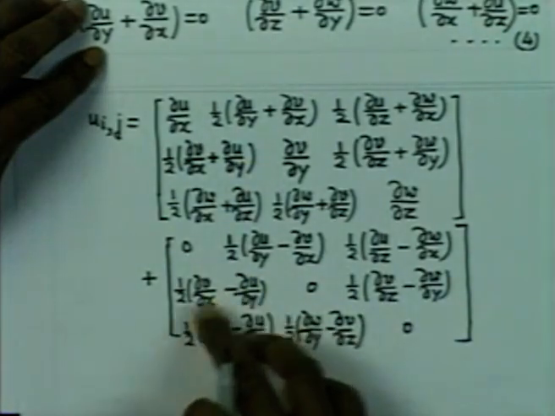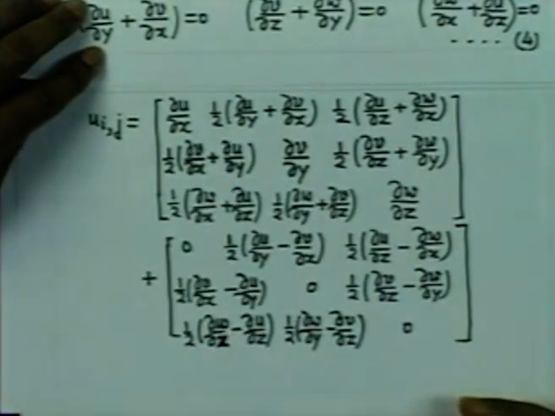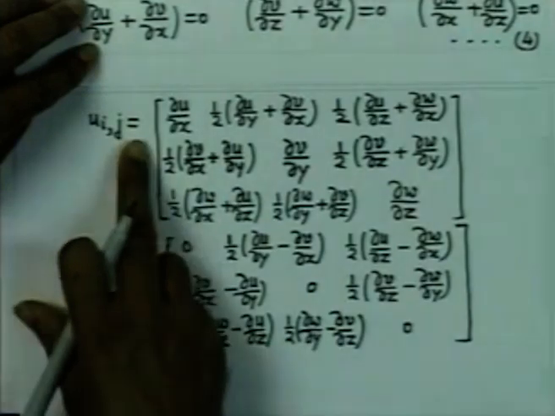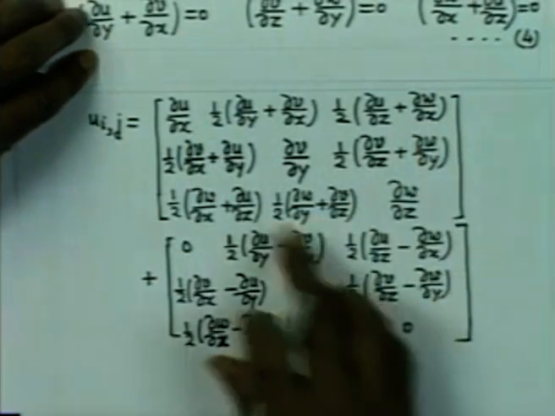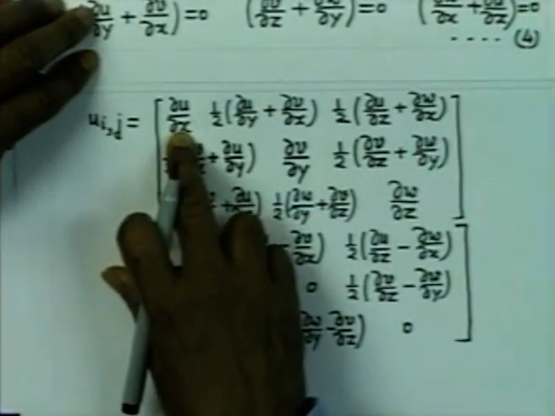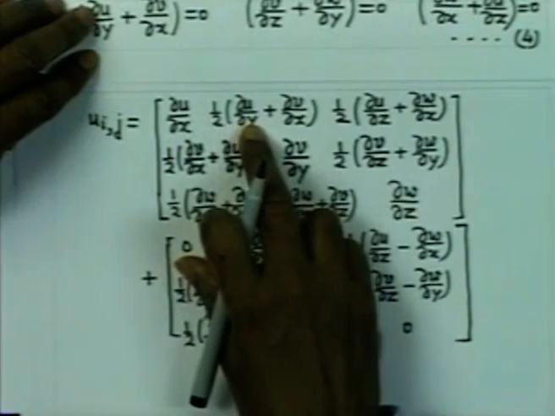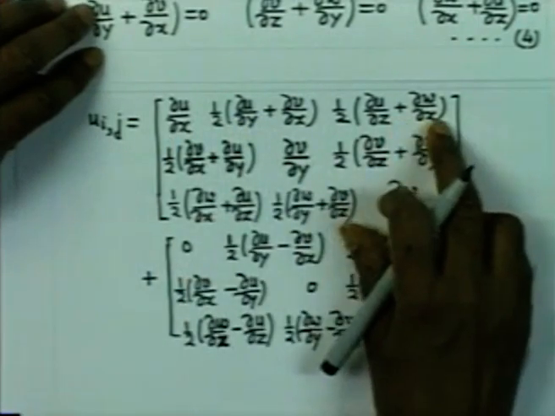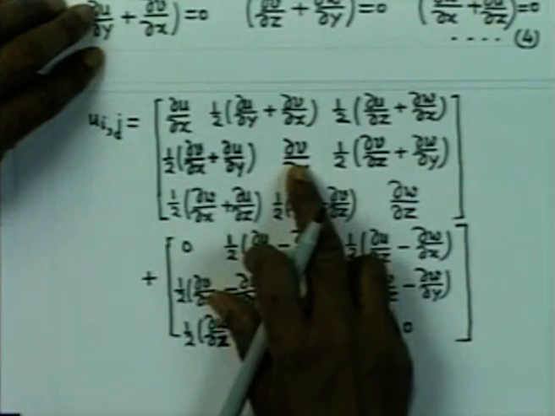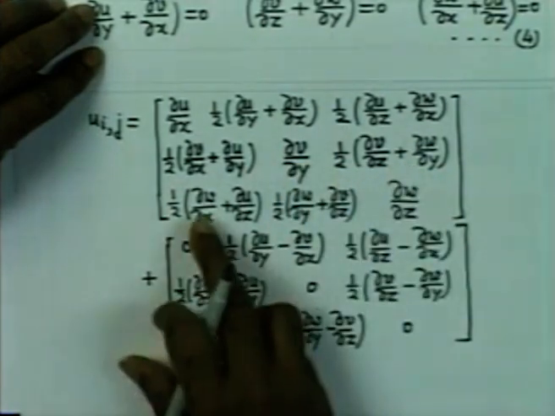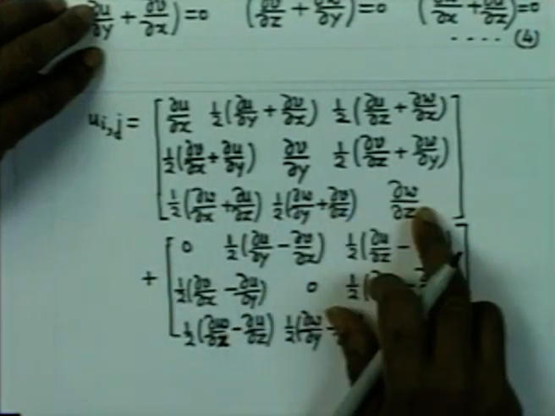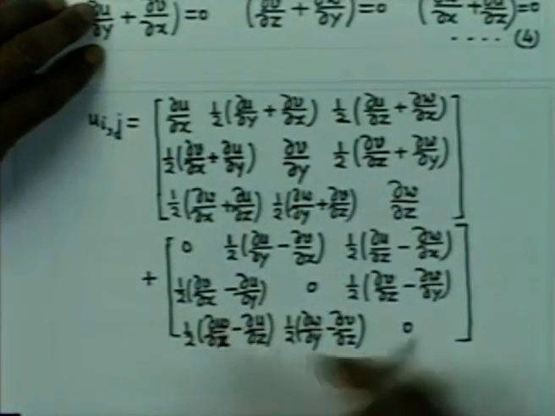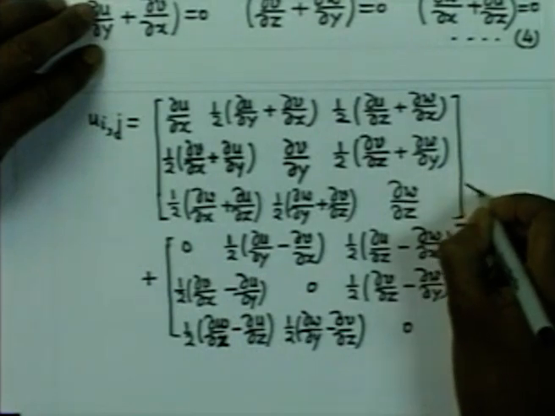So, if we just write this, you can see that here we have added something, we have subtracted something, and then these two terms give me back the original expression for Uij. You can see that this is nothing but the strain tensor. This is the epsilon x, this is gamma xy, gamma xz, gamma yx, epsilon y, gamma yz, gamma zx, gamma zy and epsilon z, and this is the strain tensor.